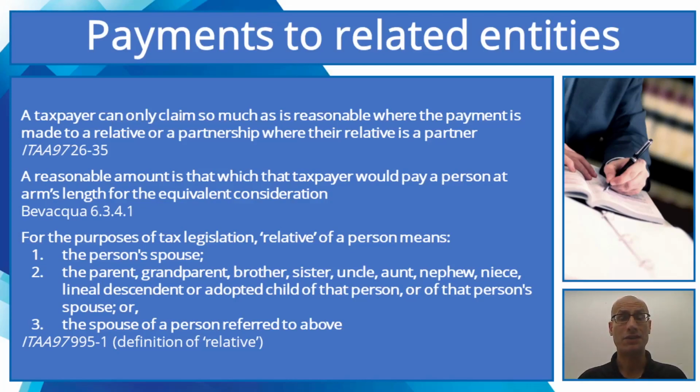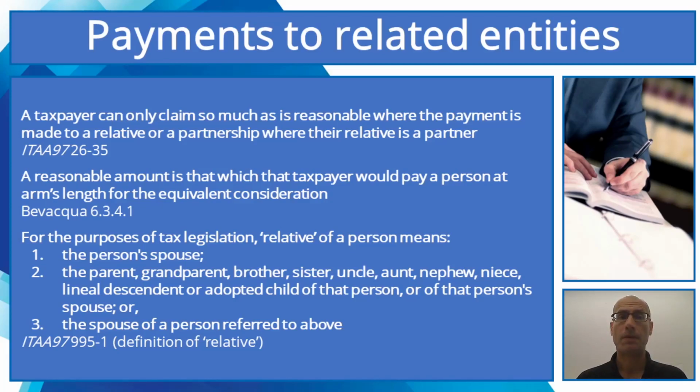And there's a statutory definition of relative in 995-1, and that includes your spouse. It also includes your parents, grandparents, brothers, sisters, aunts, uncles, nephews, nieces, and any of their spouses. And so as such, if you have things that are a bit more broad, that's going to be fine. Your cousin, for example.